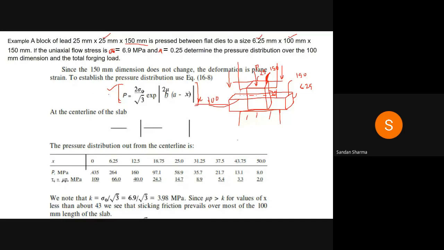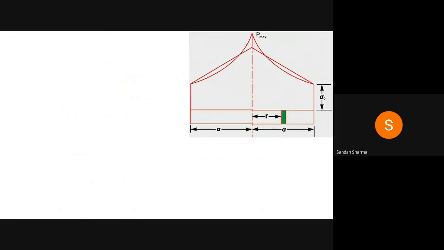In this condition, when you are choosing the sticking condition, remember this part. When the material is continuously moving between the ram and you apply pressure in the plane condition, you will have pressure like that, in exponential form.